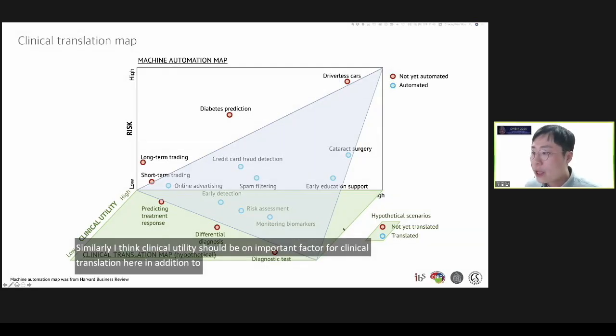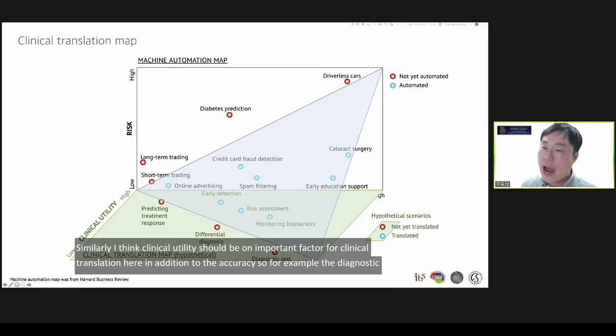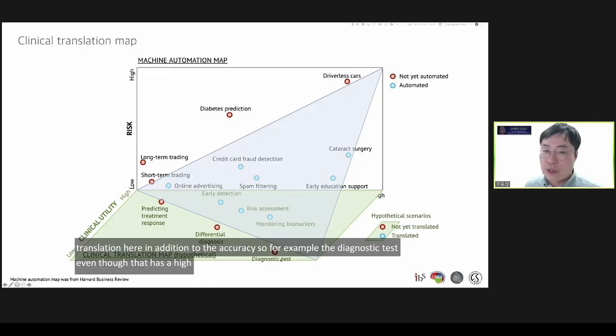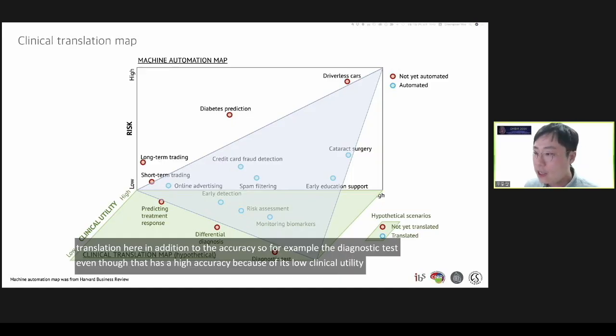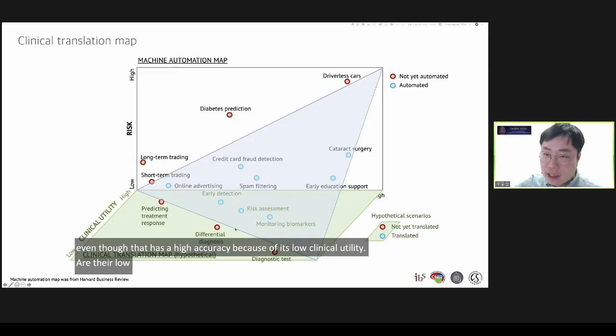For example, a diagnostic test, even though it has a high accuracy, won't be translated easily because of its low clinical utility. But early detection and risk assessment could be translated more easily, even with their low accuracy, because of their high clinical utility.